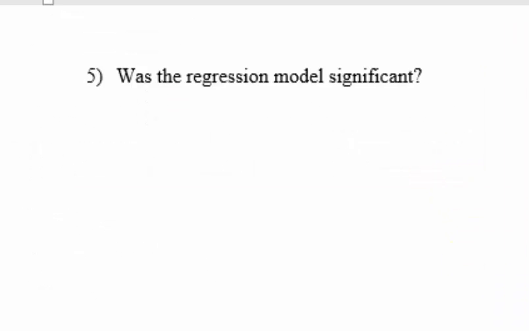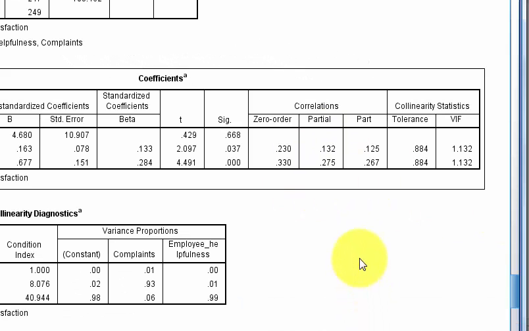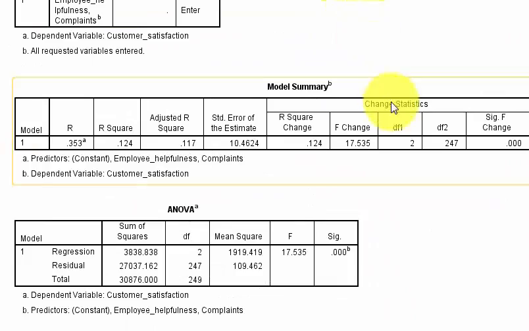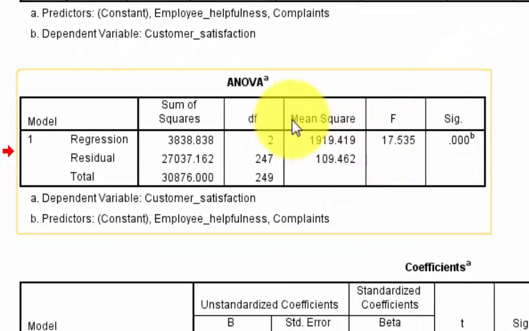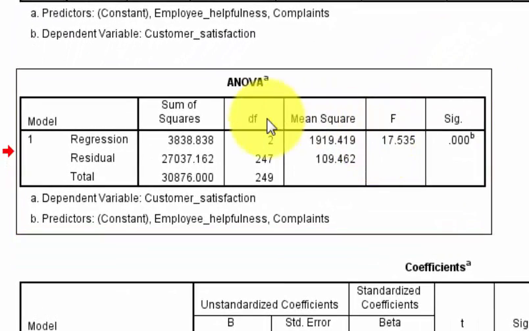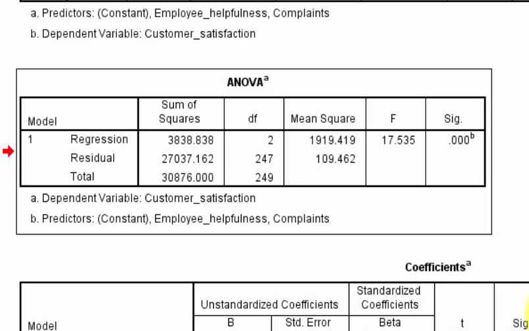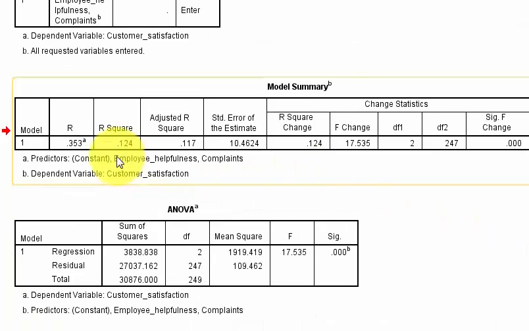So does this regression model hold water? In other words, is this a significant regression model? We're going to go back to our output and look at our ANOVA. Let me move this over. ANOVA, there it is right there. Yes, this is a significant regression model. So what was the effect size? Let's go look at the R squared. And there it is right there, 0.124.